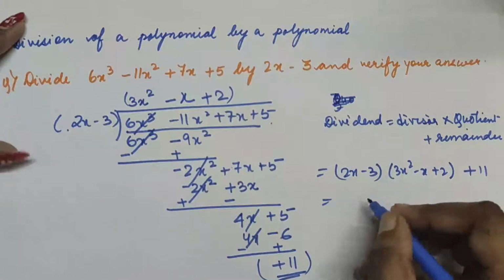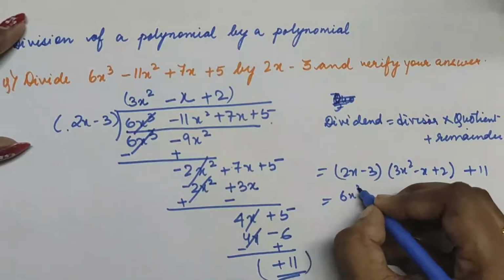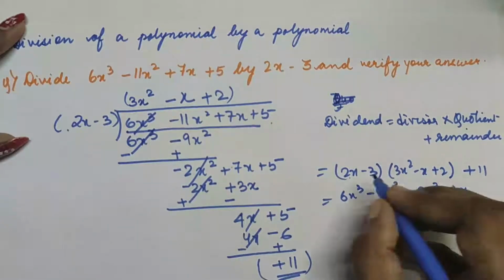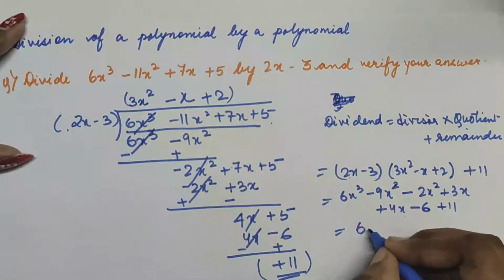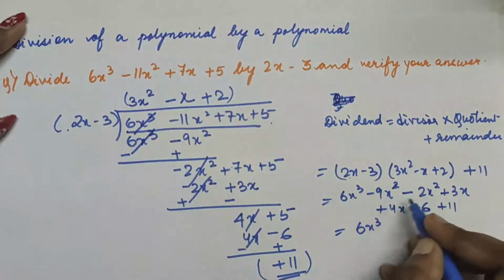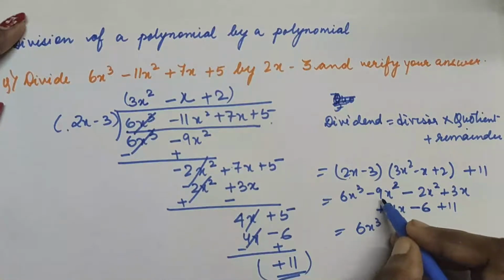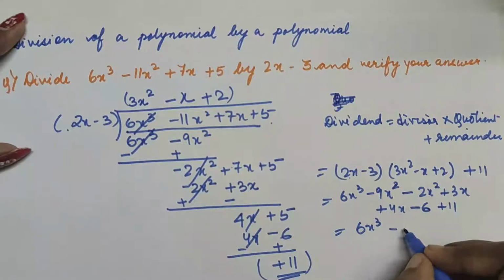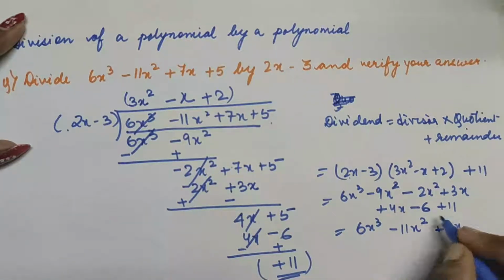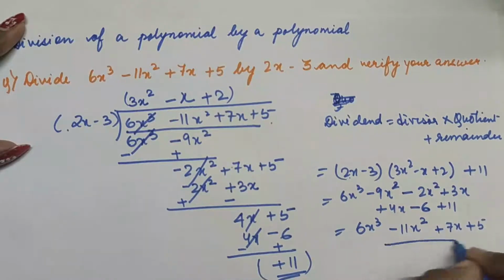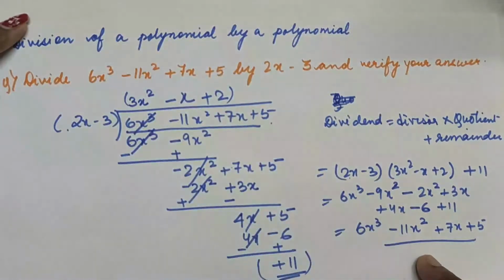So you know the multiplication, so I'll quickly do it for you. Then with the second term and then with the third term, plus 11. Now 6x cube is only 1, and this x square is 9 and 11 minus, so we'll do minus 11x square plus 7x plus 5. So do you see we have got the dividend?